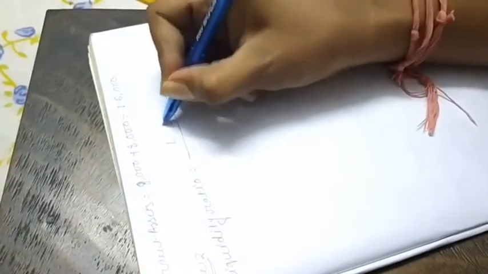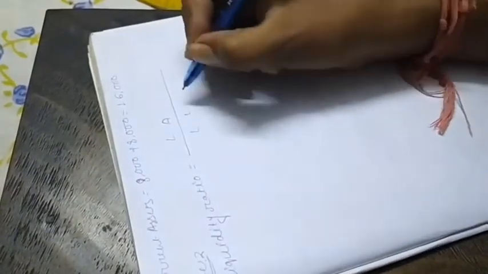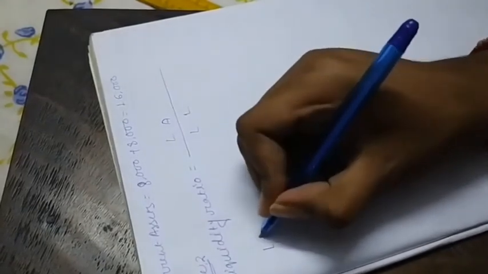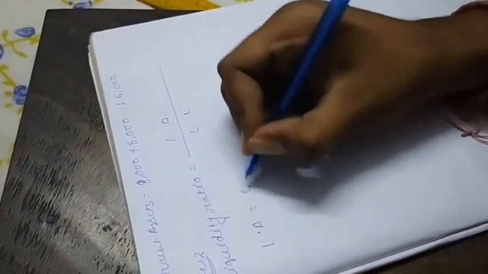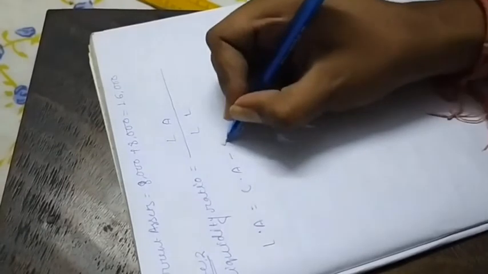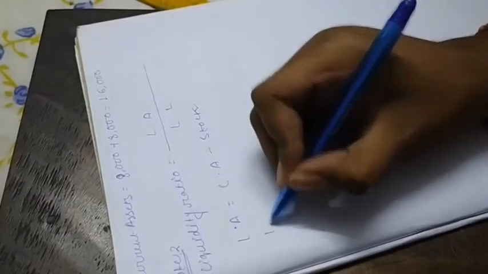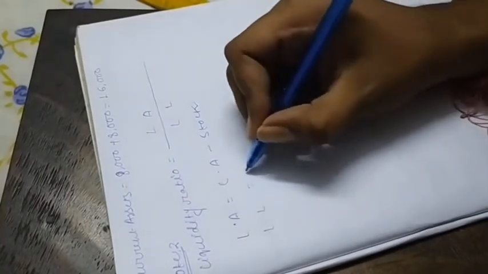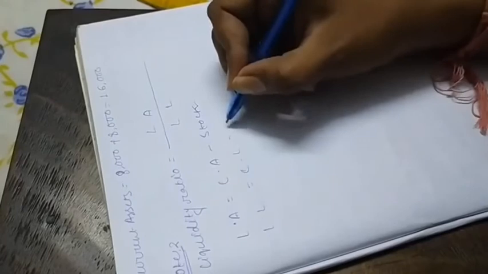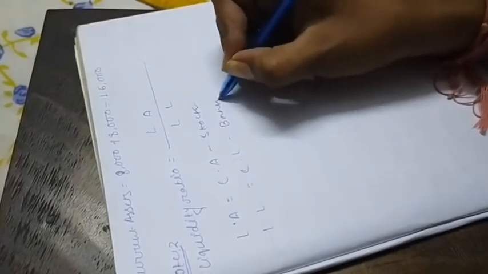Liquidity ratio means liquid asset by liquid liability. Liquid asset means current asset minus stock, and liquid liability means current liability minus bank overdraft.